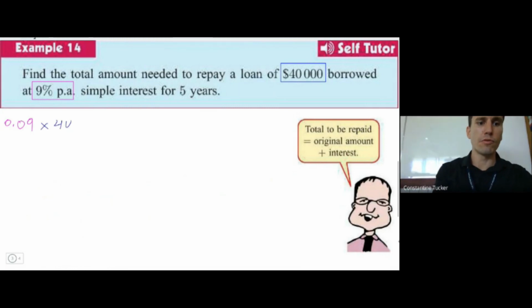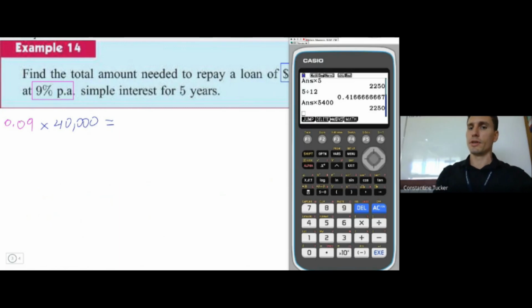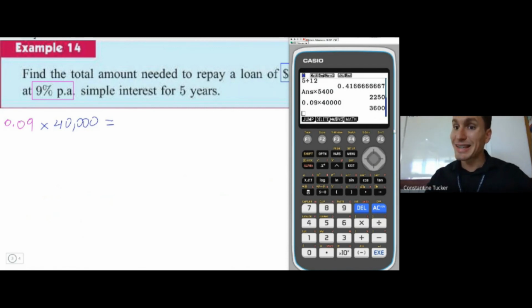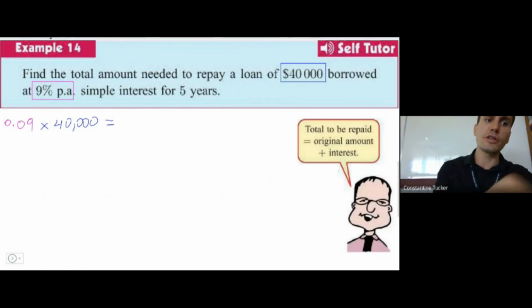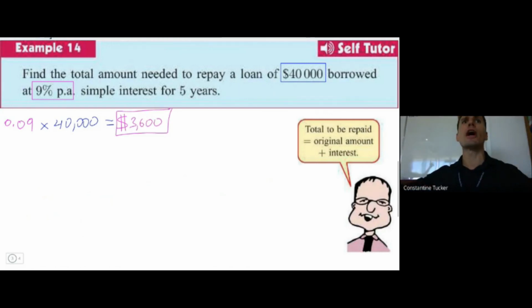Excellent, we multiply with 40,000. How do we do this? Use the calculator, 0.09 times 40,000, once again. So this gives us 3,600. This is every how often? Per year. Excellent.